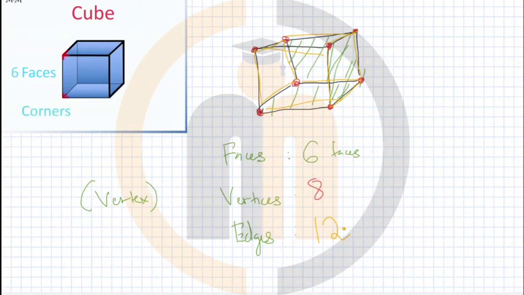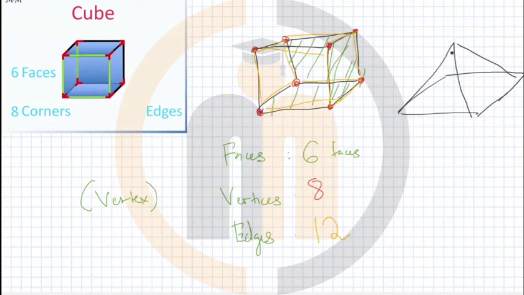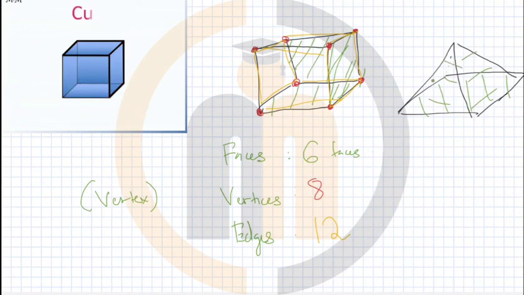Every shape has these 3 properties differently. A pyramid would have different ones. Let's say for example I draw a quick pyramid, using green again. There's the base, 1, 2, 3, 4, and at the back 5. We have a total of 5 faces.